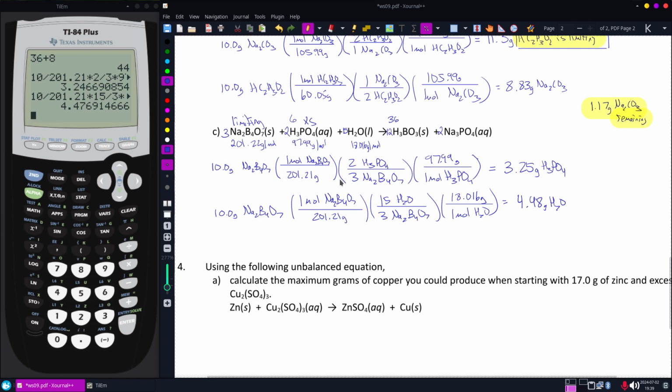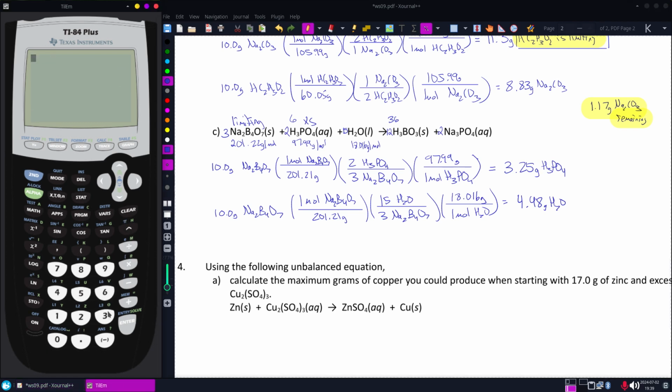Alright, so why I'm pointing that out now, I want you to realize that you can typically figure out the limiting reagent quite quick when you get this balanced and when you get the molecular weights here, because what I can recommend you do, if you just take that 3 times the 201, doesn't have to be the full number, and then the 2 times the 97, well, that'd be 98, wouldn't it?